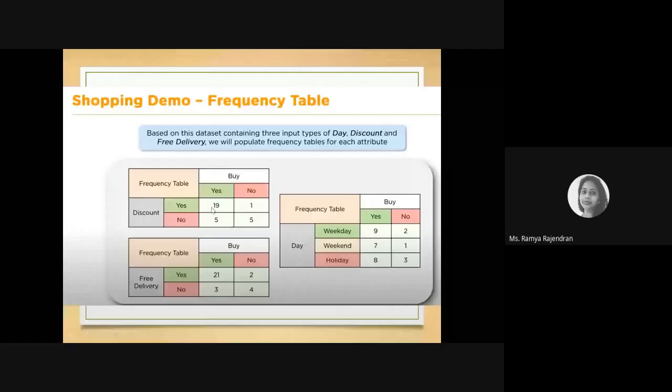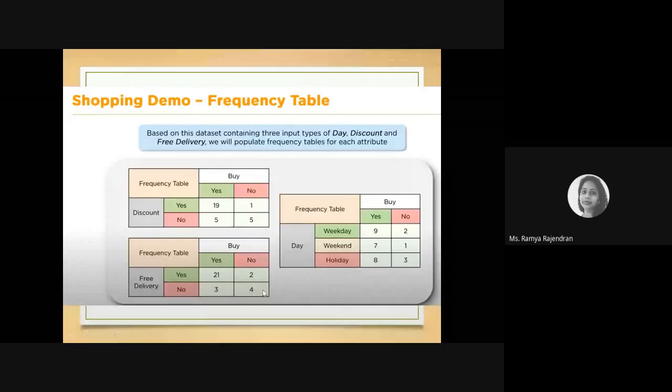One person has not bought, and five people have bought the product even when there is no discount, and five people have not bought it when there is no discount. Likewise, when the shop is offering free delivery, 21 people have bought and 2 people haven't bought. When there was no free delivery, 3 have bought and 4 have not bought. Similarly, we have done that for the day as well: weekday, weekend, and holiday.